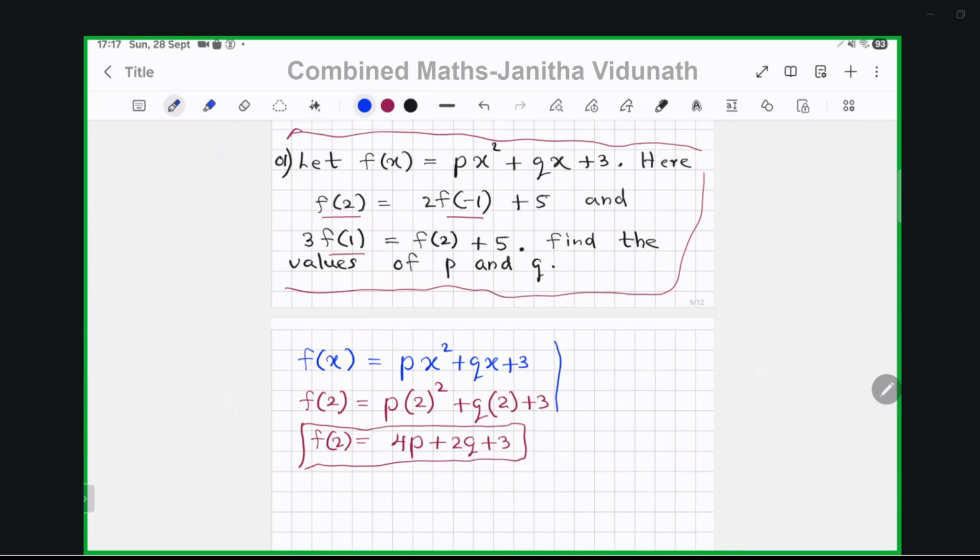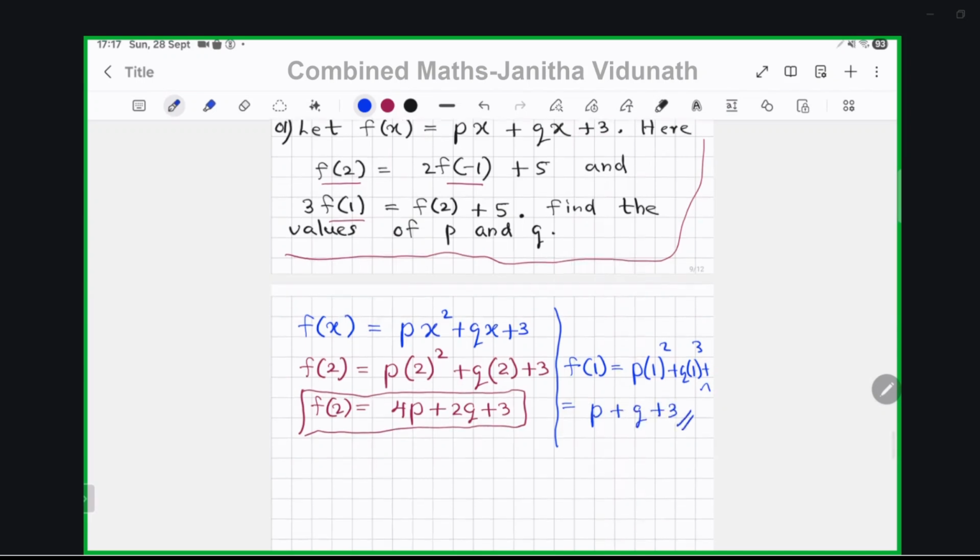Okay, now we try to find the value of f(1). f(1) means p times 1 square plus q times 1 plus 3. That means p plus q plus 3. That means f(1) is equal to p plus q plus 3.